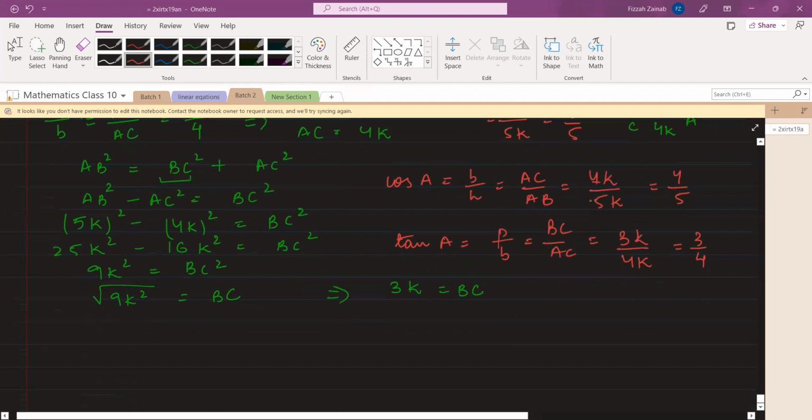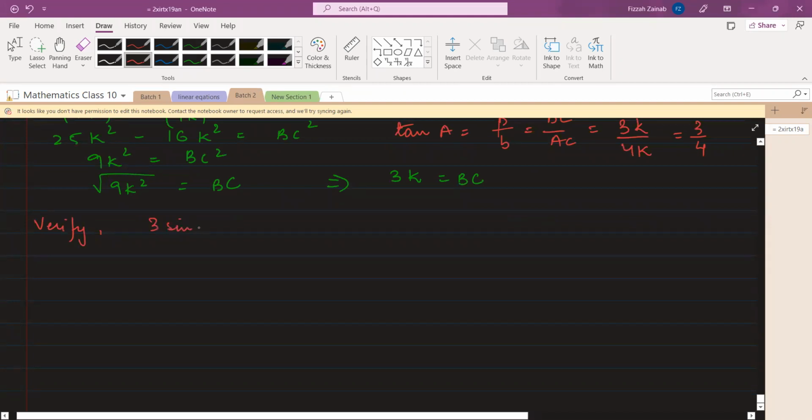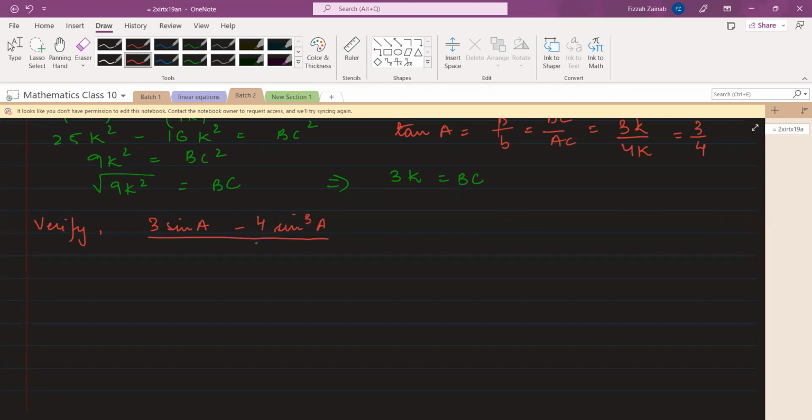You have to verify in this question that 3 sine A minus 4 sine cube A divided by 4 cos cube A minus 3 cos A is equal to 3 tan A minus tan cube A divided by 1 minus 3 tan square A, right? So you have to check whether LHS is equal to RHS or not.